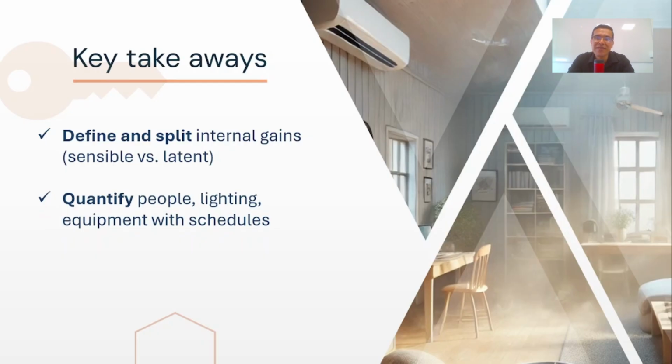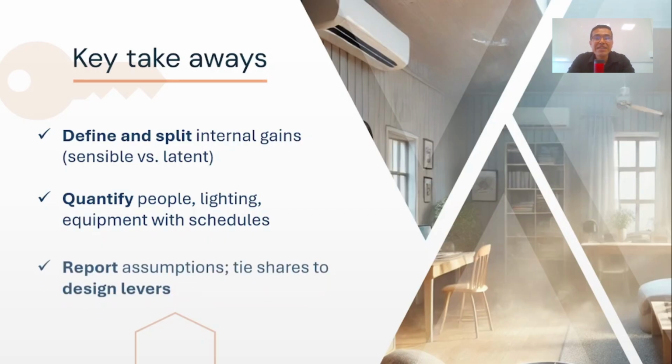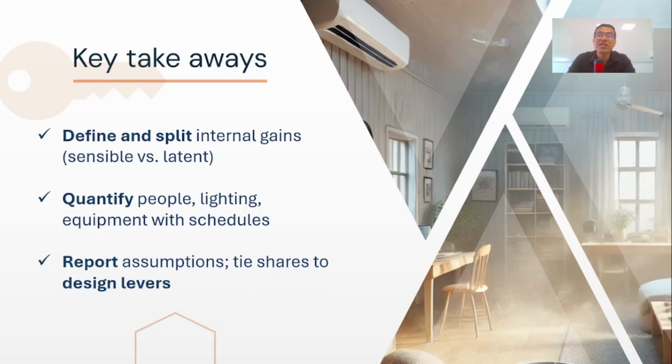Second, learn how to quantify these gains. Use things like unit gains from people, LPD for lighting, and device ratings for equipment. Then apply realistic hourly schedules to reflect how a building actually operates. This is how you transform rough guesses into numbers that you can defend. Finally, report your assumptions and connect your analysis to real-world design decisions.